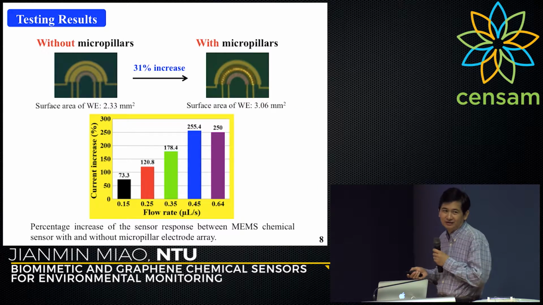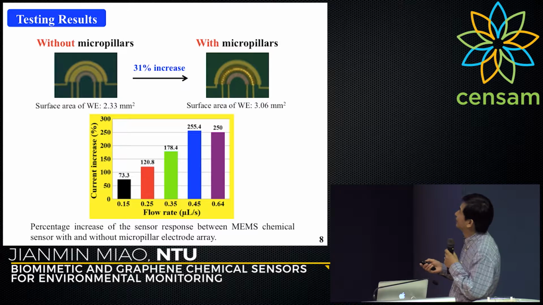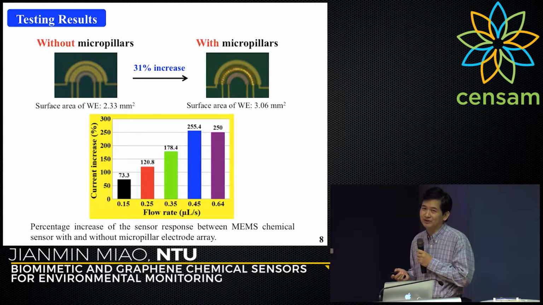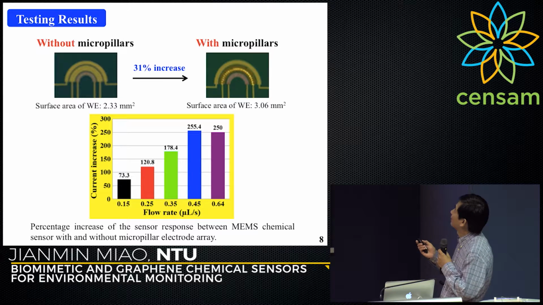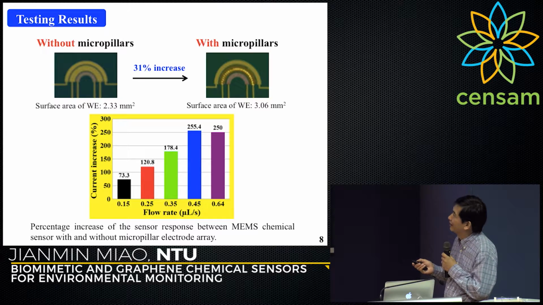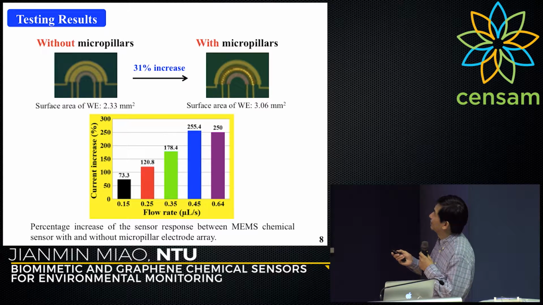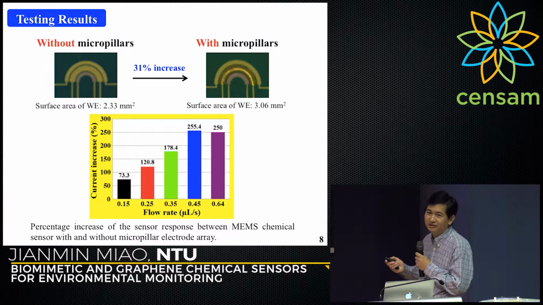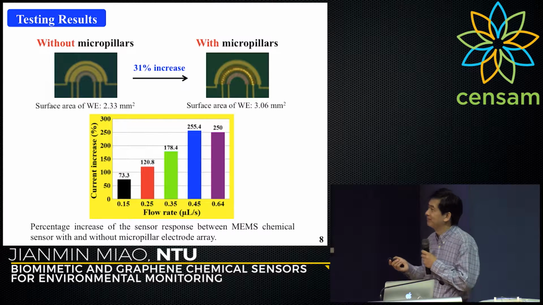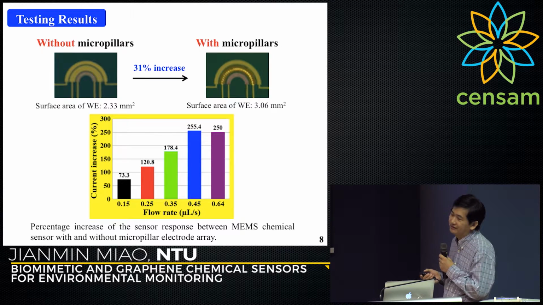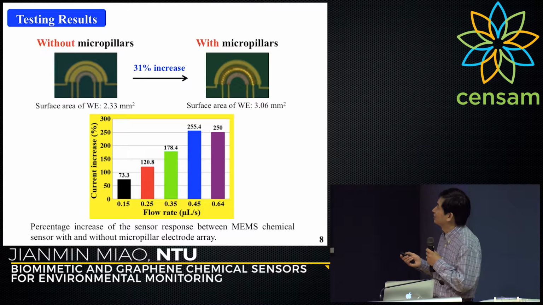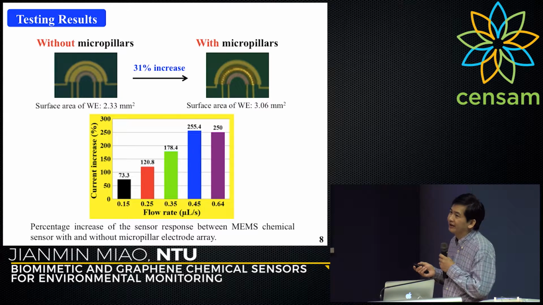So we carried out the testing, and we compared the bio-inspired concept with micropillars and without micropillars. Because of the increased area of the micropillars, which enhances the reaction, we found about a 30% increment in sensitivity.